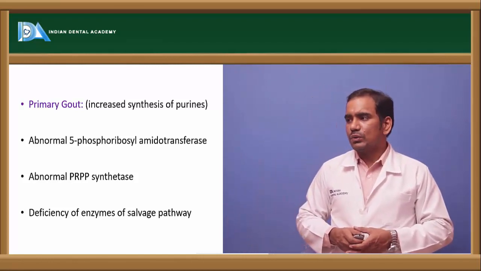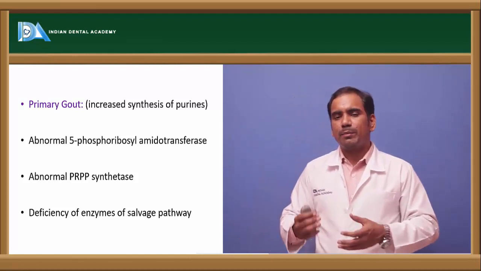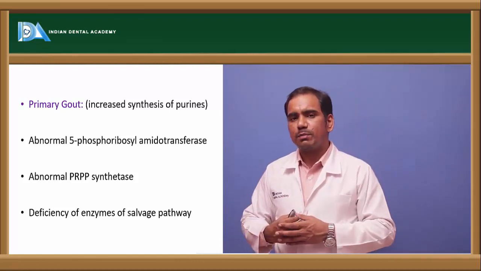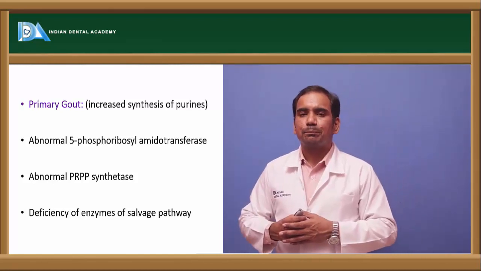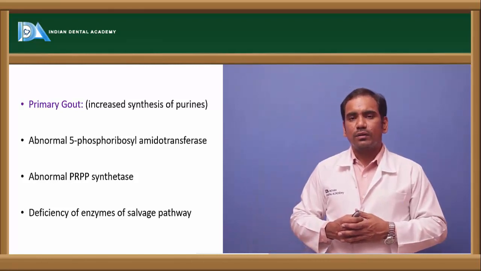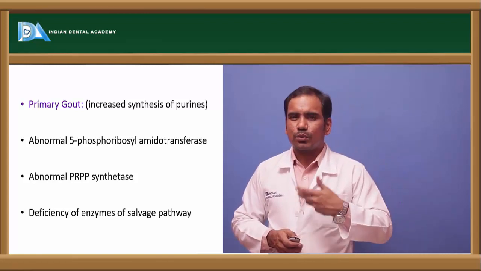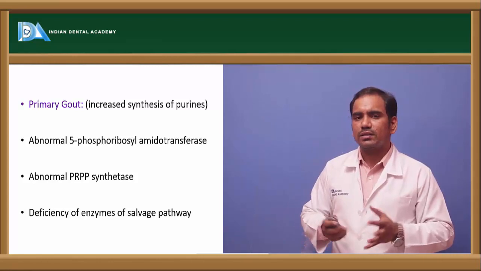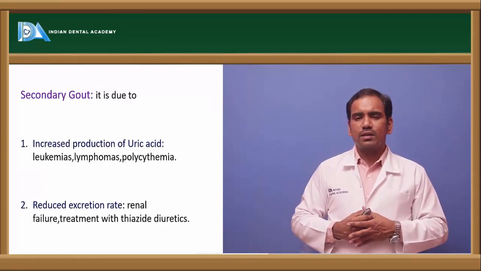The other reason is that PRPP is available in more amount because it cannot be utilized in the salvage pathway, and it can be used again in the de novo synthesis of purines. That's how it leads to increased purine synthesis, and that results in a condition called primary gout.